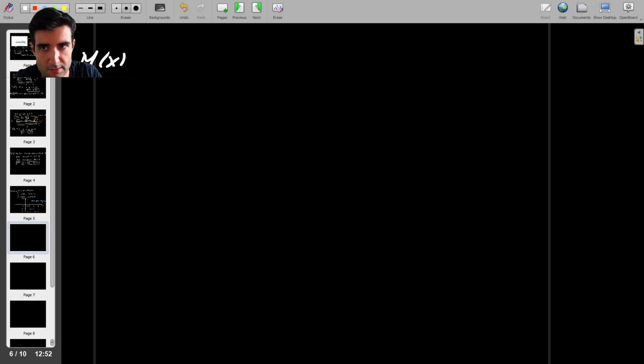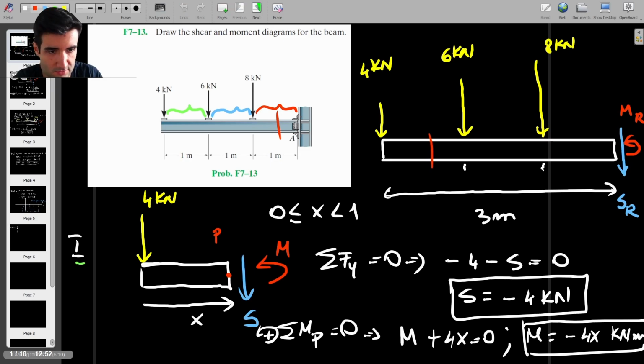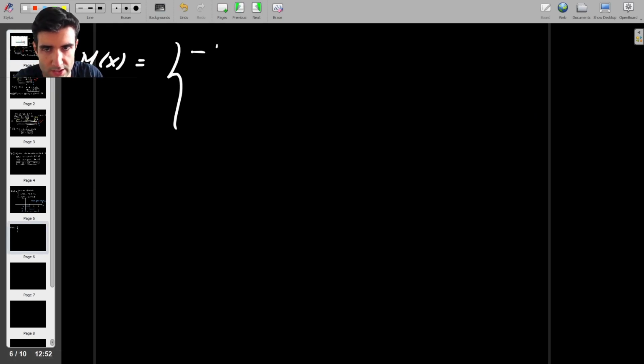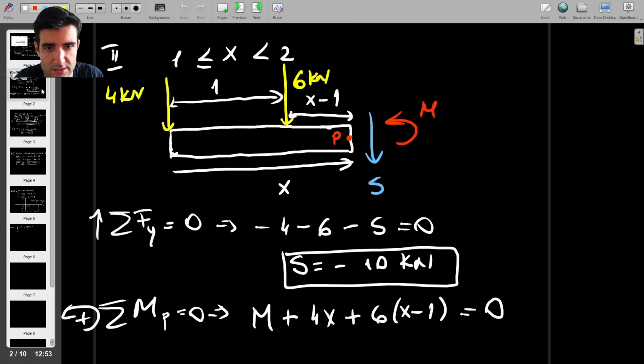So we have the bending moment is equal to, and then for the first part of the beam, it was minus 4x. So this was for x between 1 and 0. And I should write the units, but I'll let the units go this time.